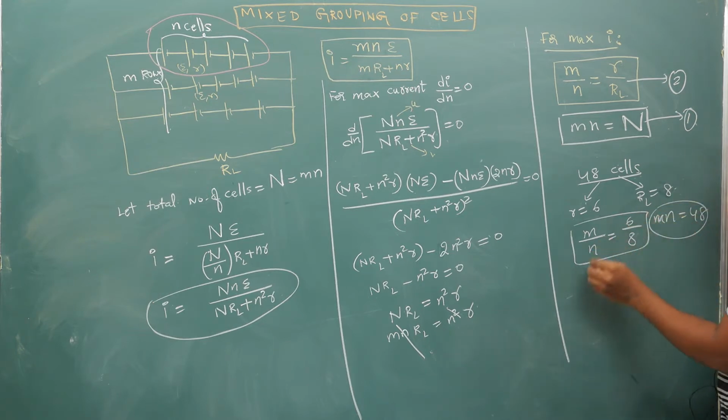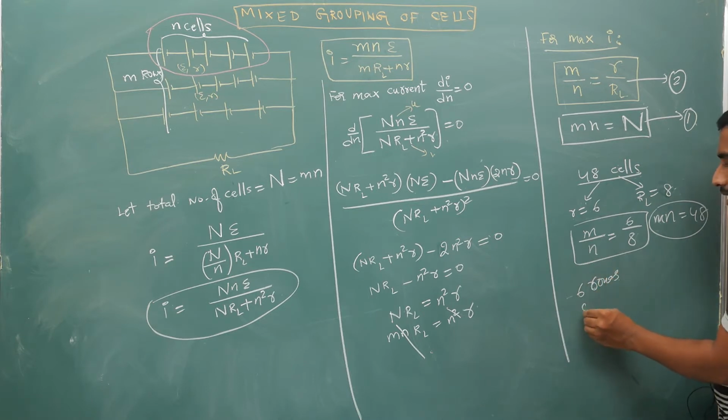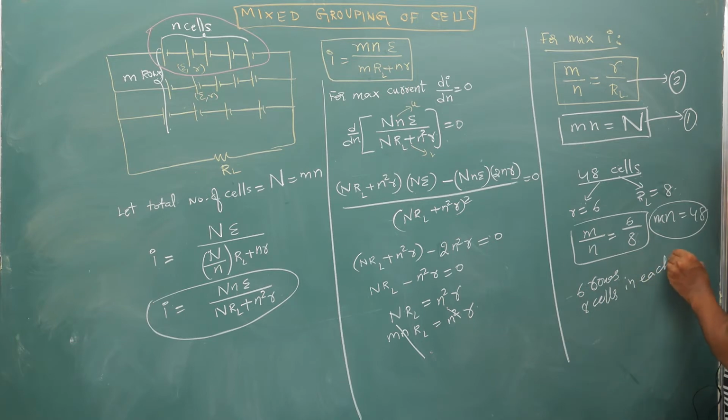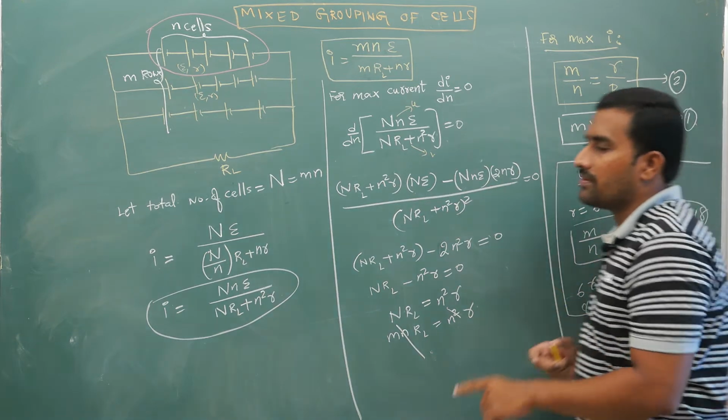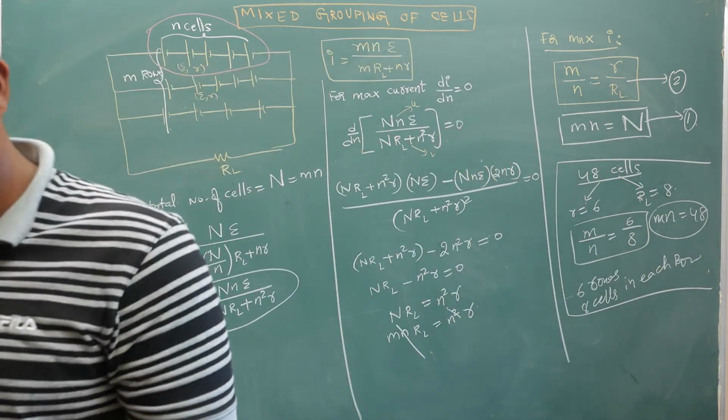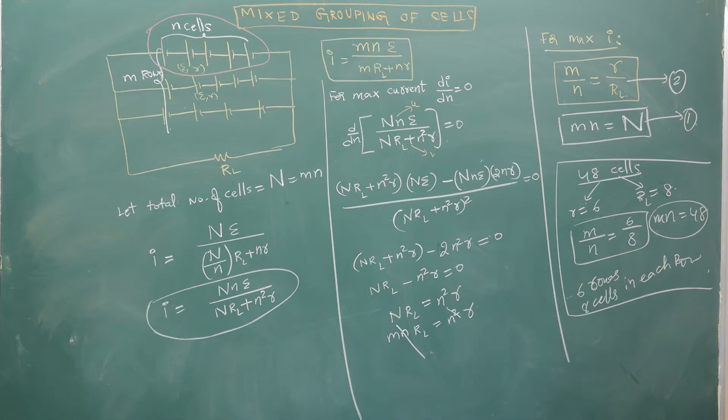That means you should have 6 rows, and 8 cells in each row. Depending upon whatever numbers are given, as an example I have just listed it here, but depending upon whatever is asked in the question, you do it accordingly. All right, I hope you have understood what I have explained.